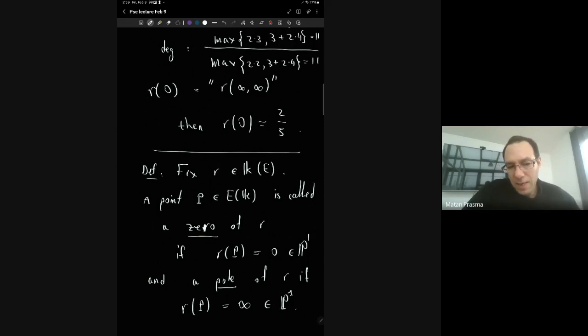And if they do, then I can cook up rational functions by just defining a set of zeros and poles and some additional information. And this will be pivotal in the construction of the Weil pairing.